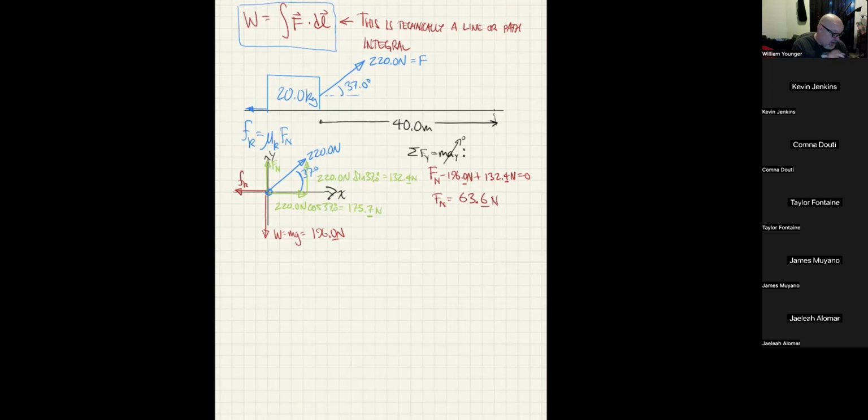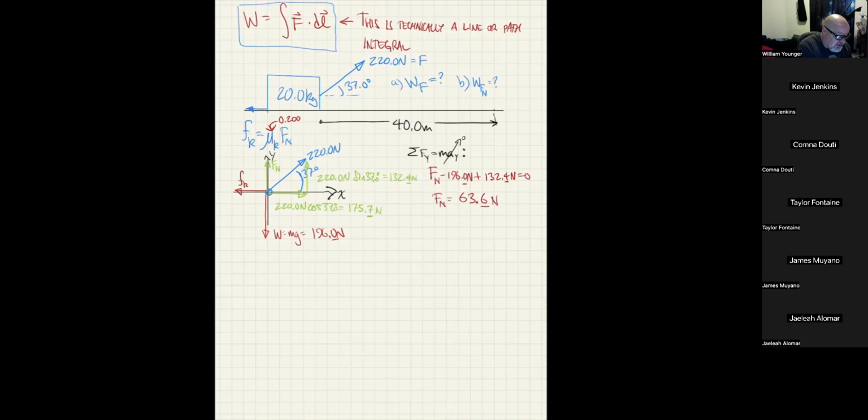Now, one thing I didn't give you in the problem, but I meant to, was that mu k is 0.200. Okay. So now that I have that, I can start working stuff out. Now, what am I trying to solve for? What I want to know is what is the work done by the force F. I also would like to know what is the work done by the normal force.